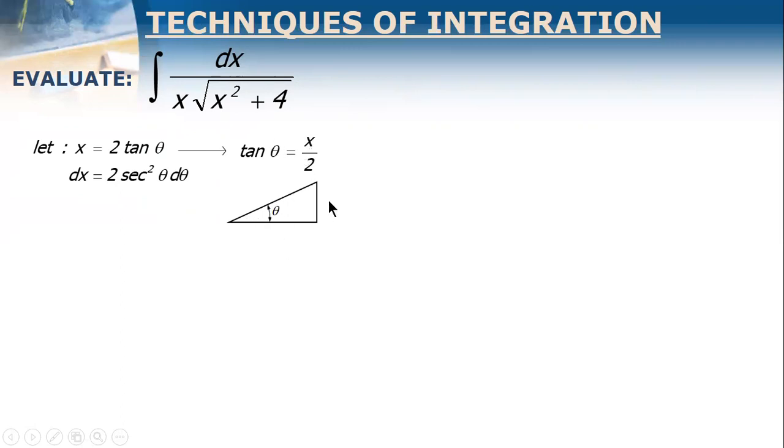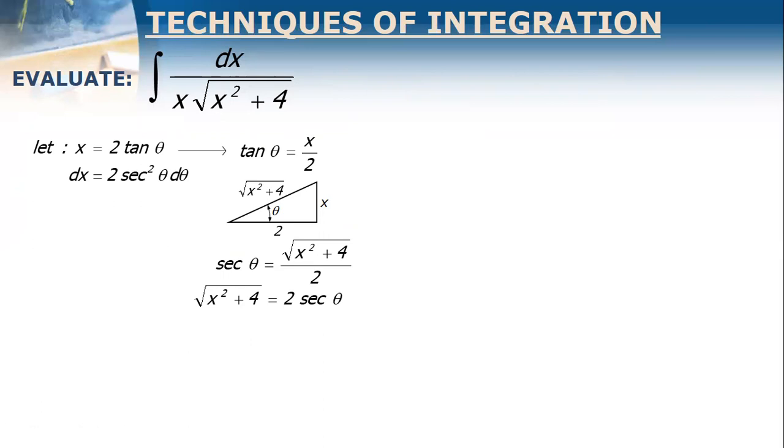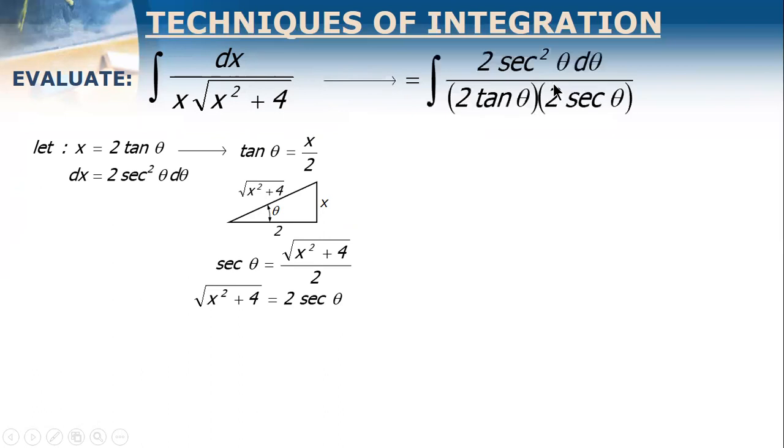Tangent is opposite over adjacent, so x over 2, and then the hypotenuse is square root of x squared plus 4. And then get the expression of secant: hypotenuse over adjacent, and then you cross multiply. You have the square root of x squared plus 4 equal to 2 secant theta. So we are ready to substitute.